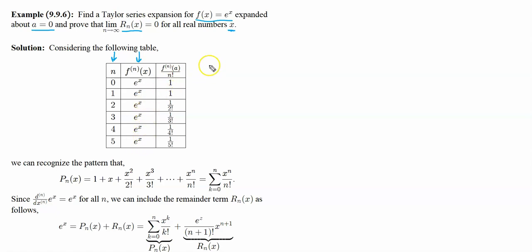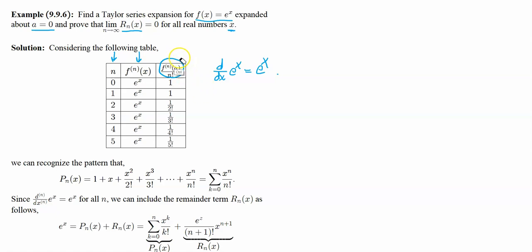That's because the derivative of e to the x is e to the x. So as we take derivatives of this, we just get back e to the x. So notice we have e to the x going all the way down here. And then over here we have the coefficients that go along with our Taylor series expansion.